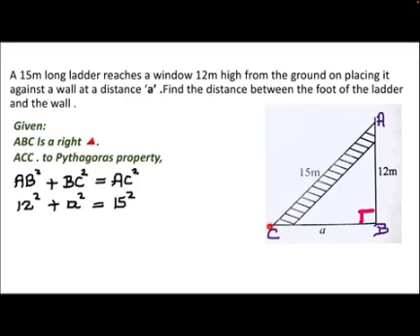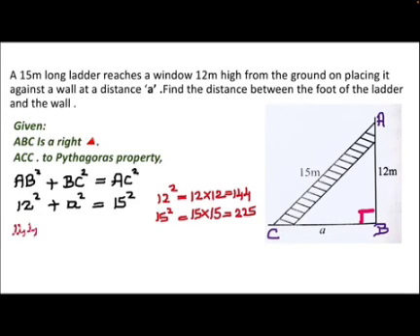Remember children, this is the hypotenuse. In this problem, the hypotenuse is given, the height is given, we are finding the base. What is 12 squared? It's 144. 15 squared is 225. You all know how to do it now.